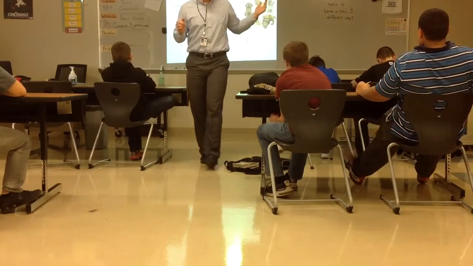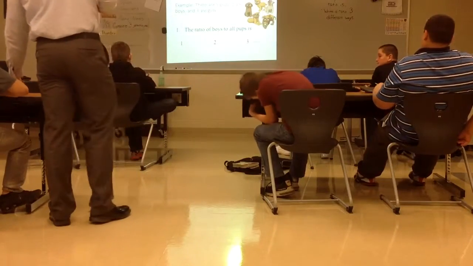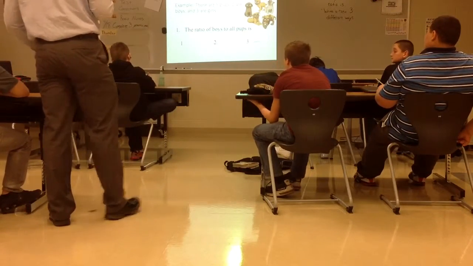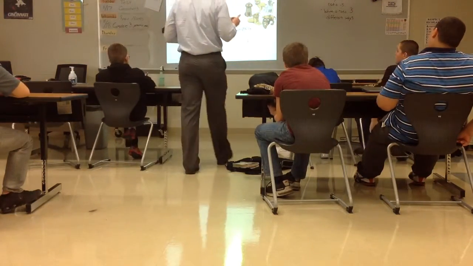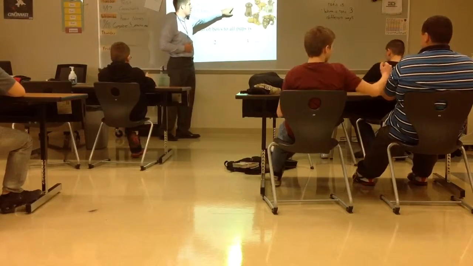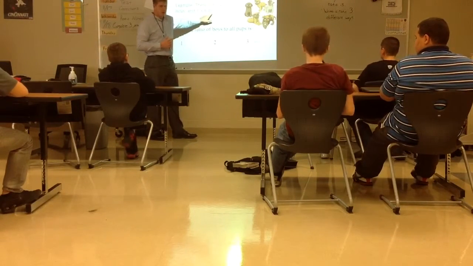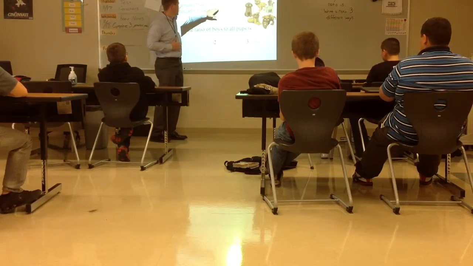Now, in this problem, it tells us the total number of pups, right? Now, if it didn't tell us there are 5 pups, could we figure it out based upon knowing there are 2 boys and 3 girls? Yeah, we can still figure it out, right? But for this one, they told us.